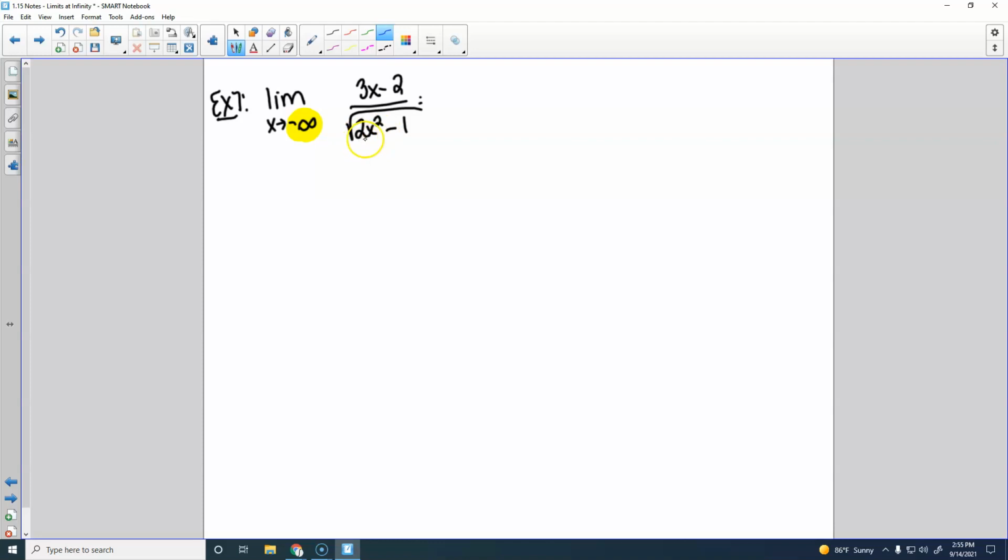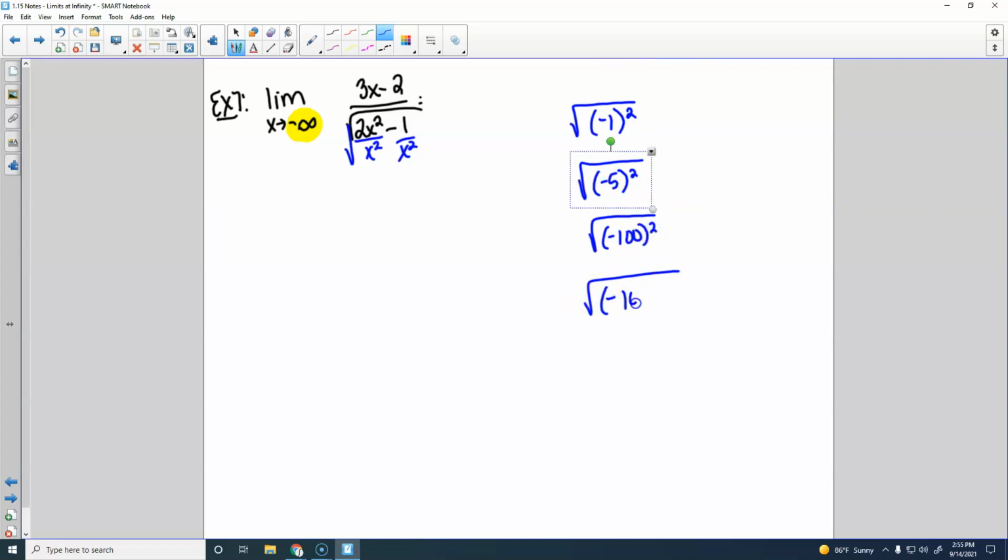Alright, in this denominator, what I need to do underneath that square root is divide by x squared. Okay, here's the problem. This time we are approaching negative infinity. So that means the numbers we're plugging in are like negative 1 squared, negative 5 squared, negative 100 squared, negative 1,000 squared.